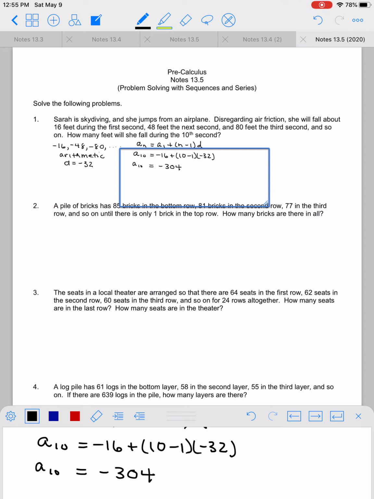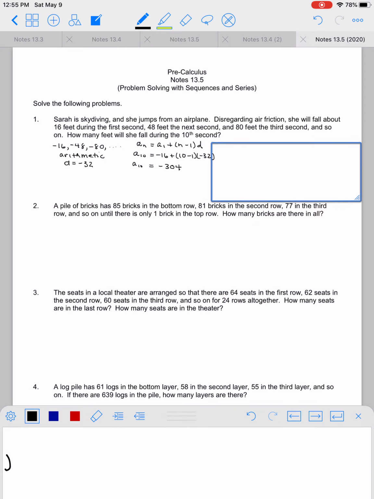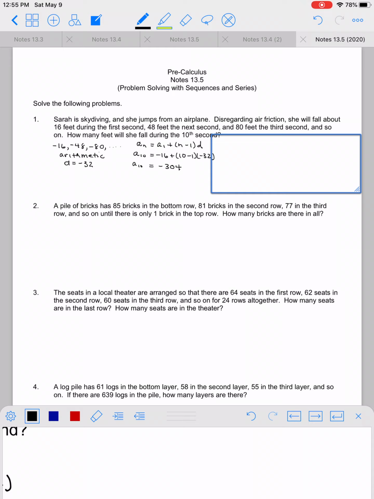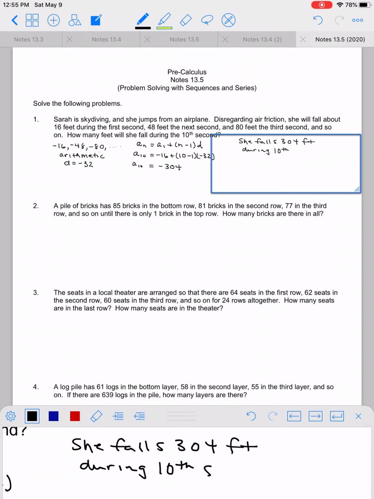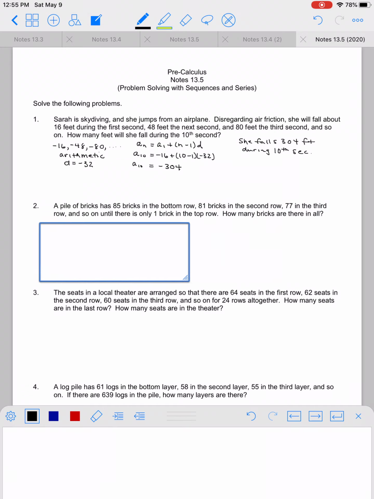The negative is directional, which means that she's falling, so she falls 304 feet during the 10th second. In this particular case, we're looking for the 10th term in the sequence. So we use our formula and we answer the question.